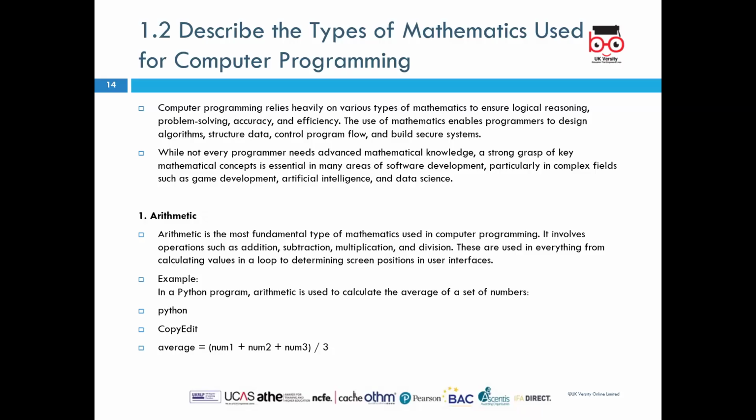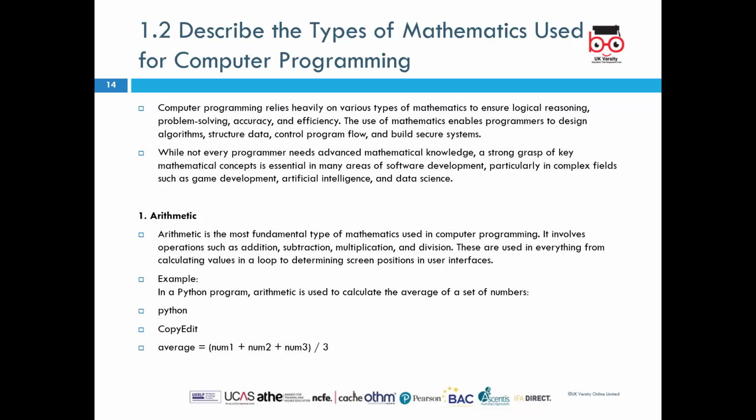While not every programmer needs advanced mathematical knowledge, a strong grasp of key mathematical concepts is essential in many areas of software development, particularly in complex fields such as game development, artificial intelligence, and data science.